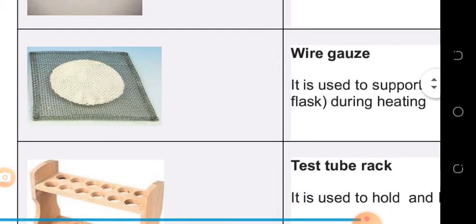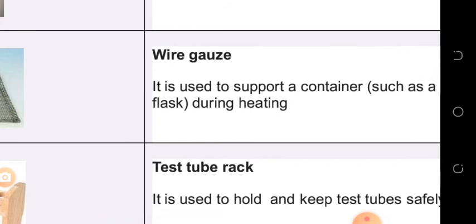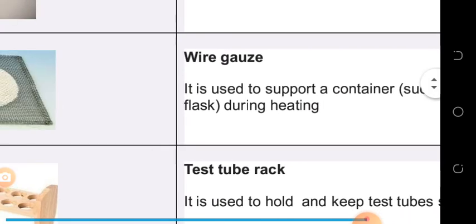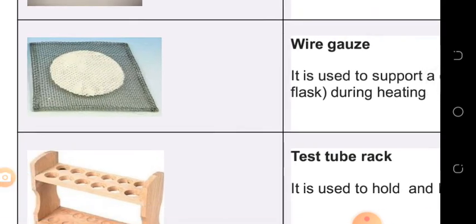Wire gauze: used to support a container such as a beaker or flask during heating, and it is used to spread heat on the surface.